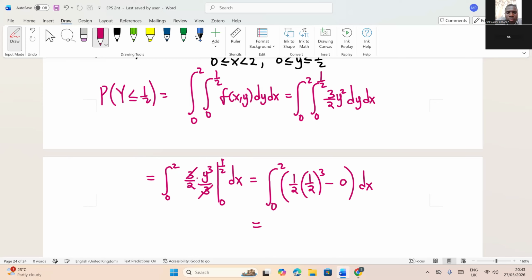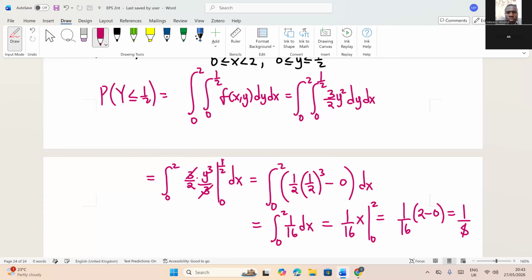So this is the integration from 0 up to 2 of 1/16 dx. When you integrate that, this is 1/16 x from 0 up to 2. It is easy to see that this is 1/16 times (2 minus 0), which is 1/8 as the required probability.